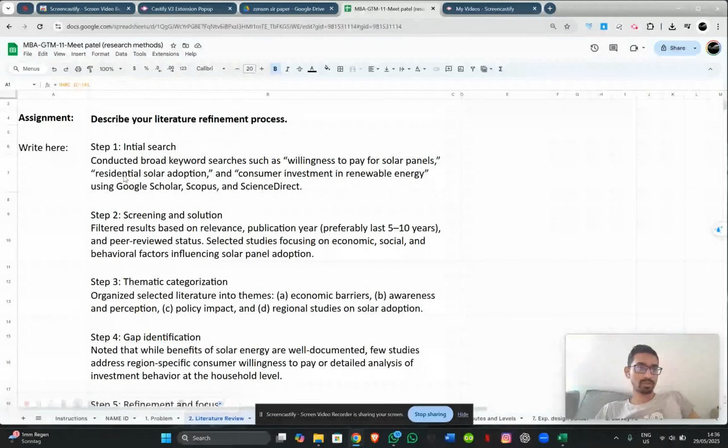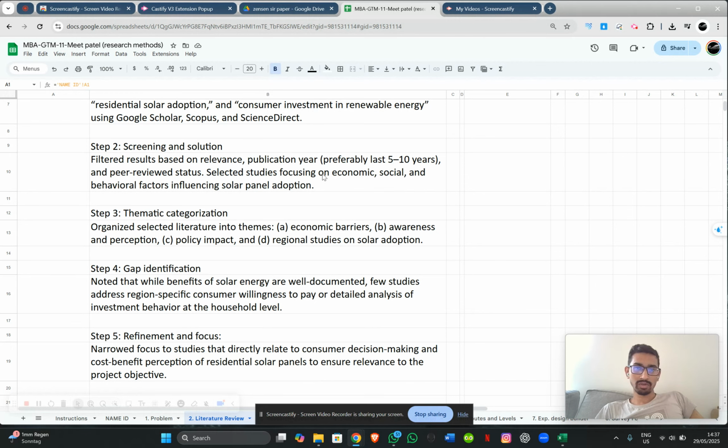Second is screening and selection. Here I select results based on relevance and publication year for the last 5 to 10 years, and I focus on economic, social, and behavioral factors influencing solar panel adoption.